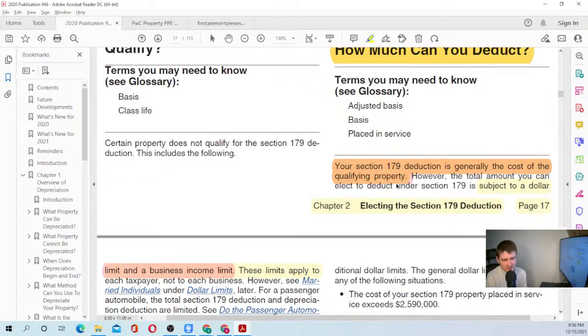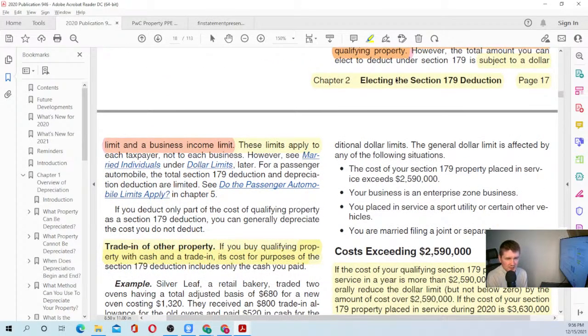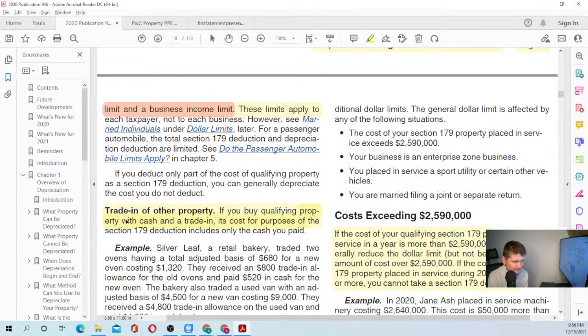Generally it's the full cost of your property, but there are limits involved. The first one: if you did a trade-in, you will only calculate your cash price. So you paid cash and you traded in your old car or whatever piece of equipment. You can only take into account your cash consideration.